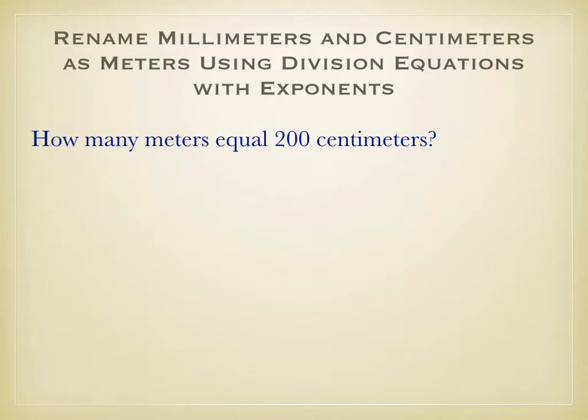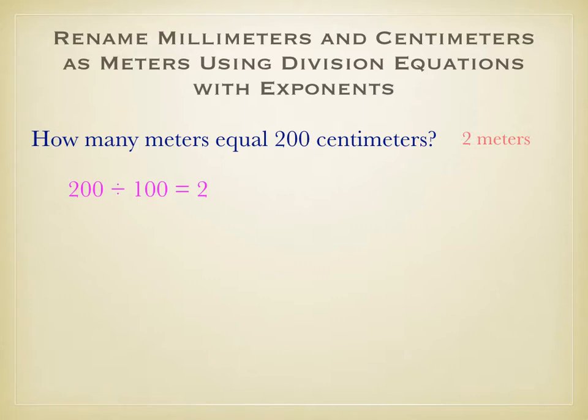It's actually going from a smaller unit to a bigger unit here. Centimeters is smaller than meters. So, how many meters equal 200 centimeters? It's 2 meters. We would get that in a division sentence by doing 200 divided by 100 equals 2.